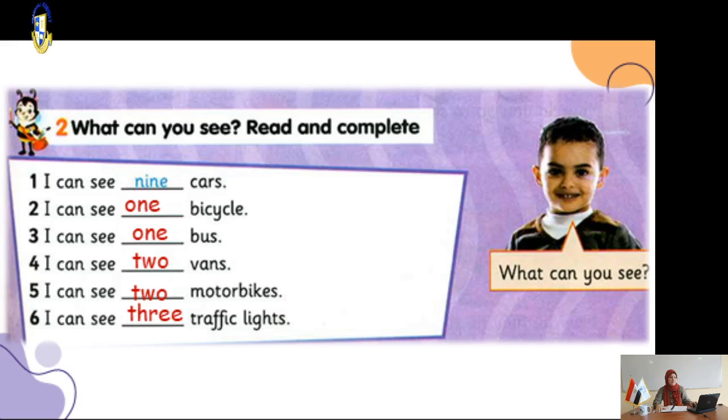Number 5, I can see, look at the picture and count with me. How many motorbikes? 2 motorbikes. And the last one, number 6, I can see how many traffic lights? Look at the picture again. 3 traffic lights.